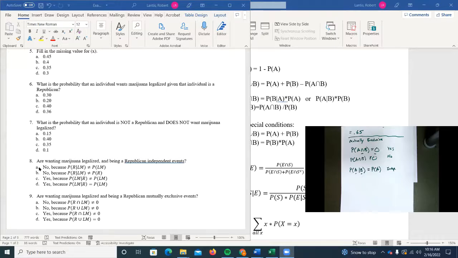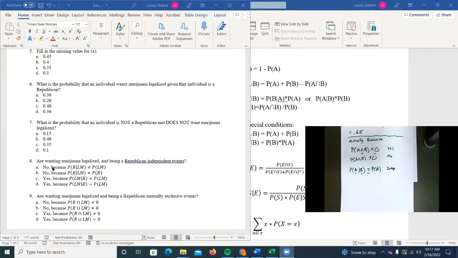So we can check for this in a couple different ways. So this is the literal definition. When I go to give my response, it's either going to be yes, because the unconditional and conditional probability are equal to each other. So first of all, when I see a yes here, this one doesn't even make sense, right? Potentially, it's yes because the unconditional and the conditional probability of wanting marijuana legalized are the same.